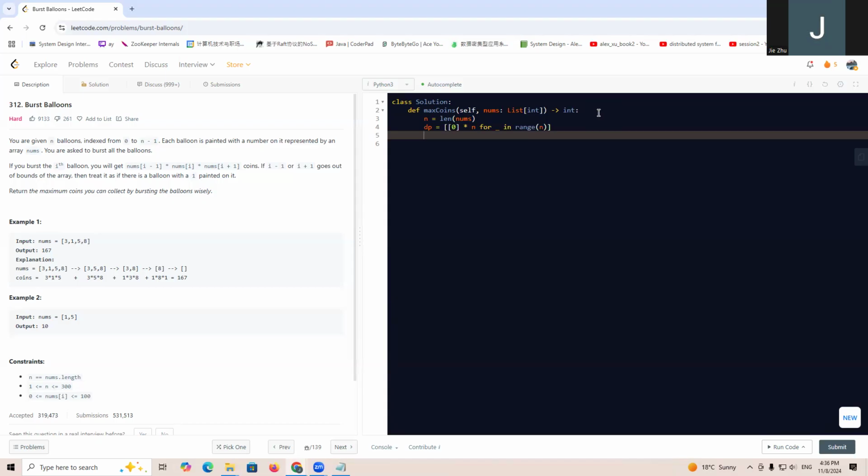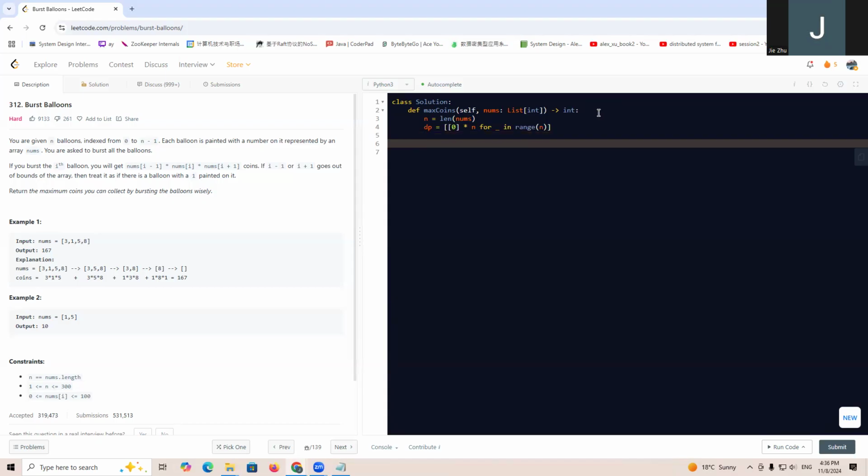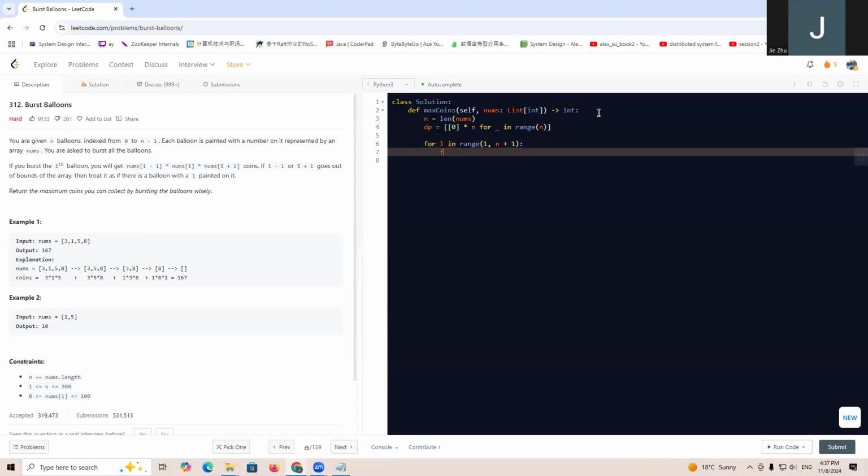So for L in range from 1 to n plus 1, and we'll say for i in range n minus length L plus 1.